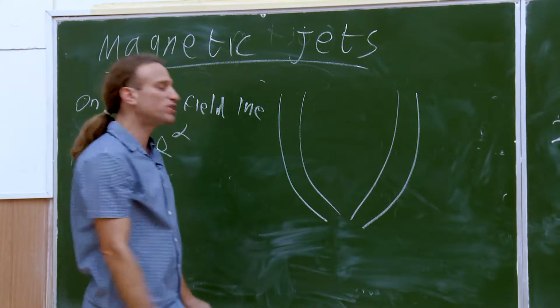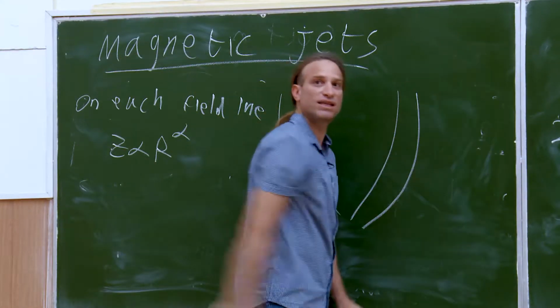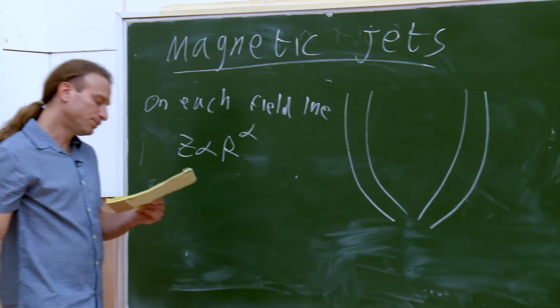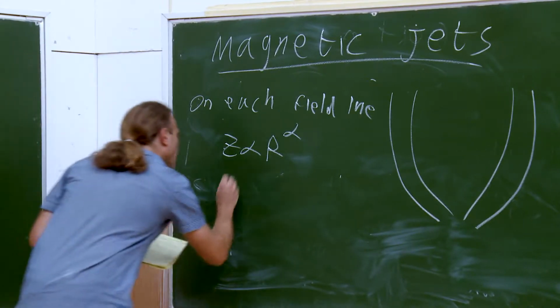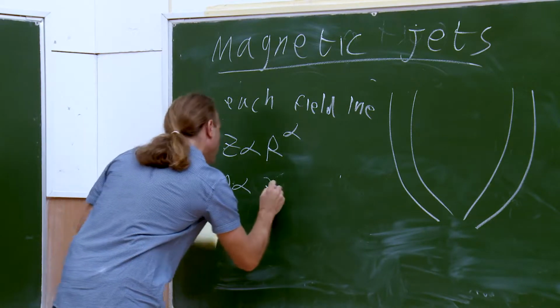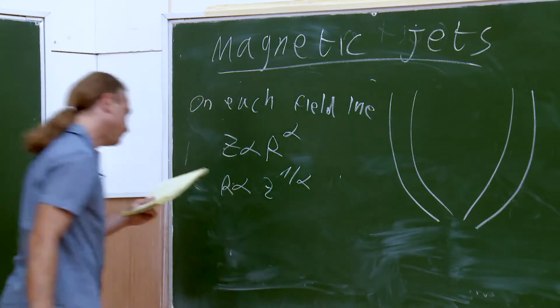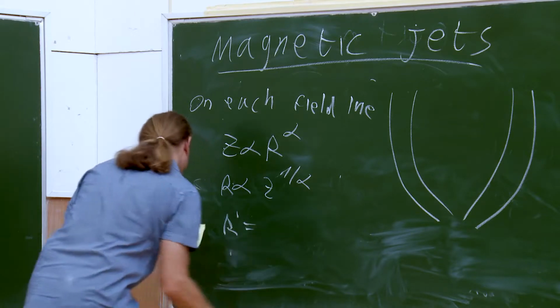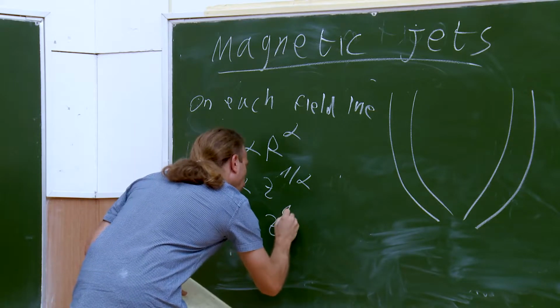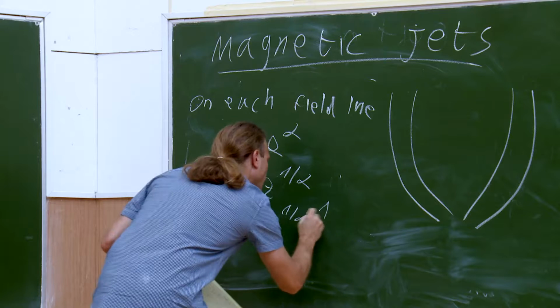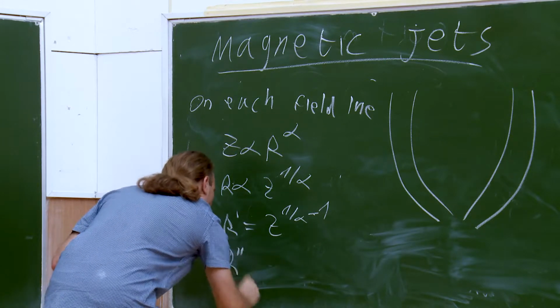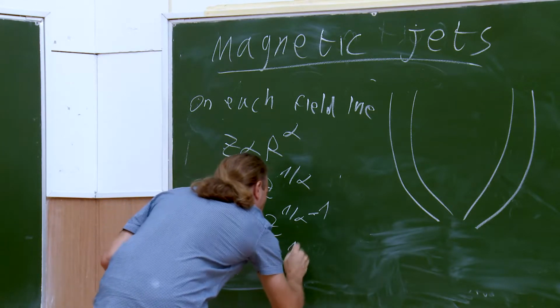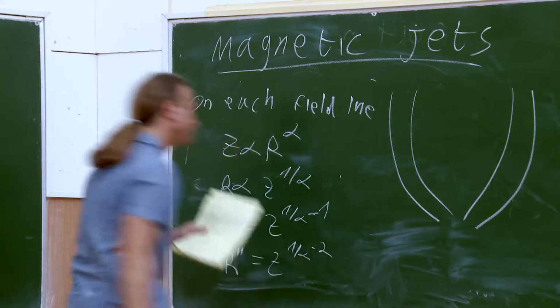If alpha is equal to 0, I have a cylinder. So this means that r is proportional to z to the power of 1 divided by alpha. R' is equal to z to the power of 1 divided by alpha minus 1. R'' is equal to z to the power of 1 divided by alpha minus 2.